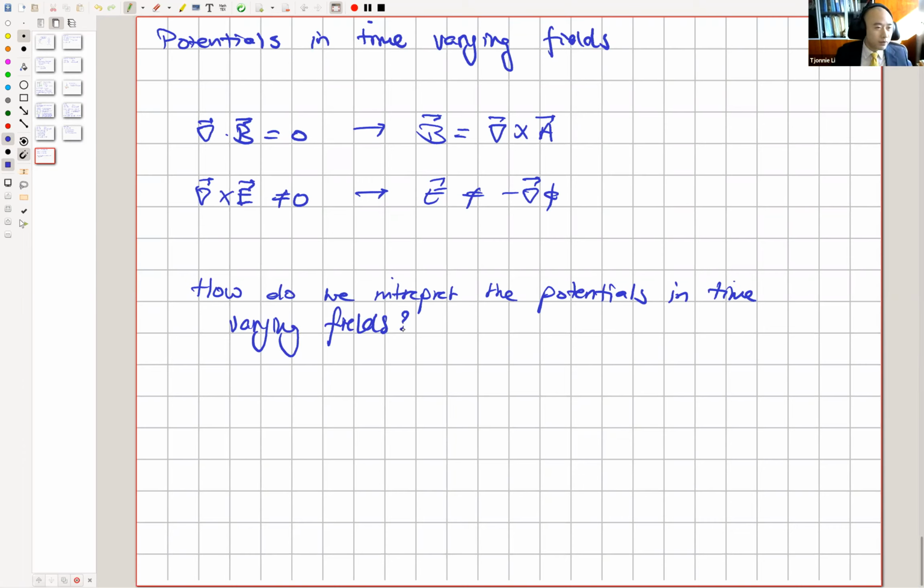And so after the break, I want to discuss this problem here with you, and then also show how in these time varying fields, we can still write down equations for the potentials.